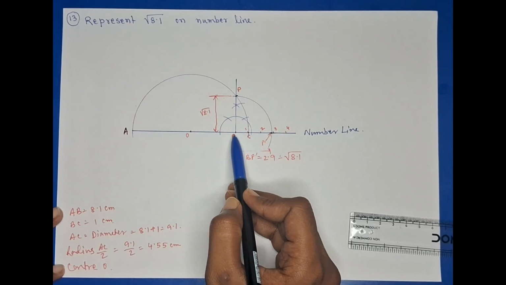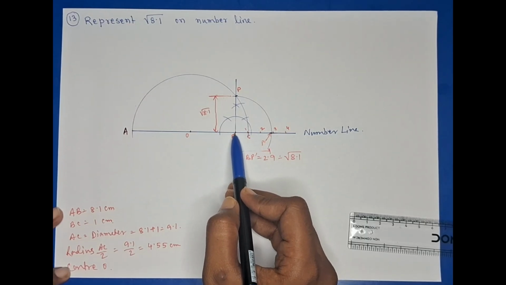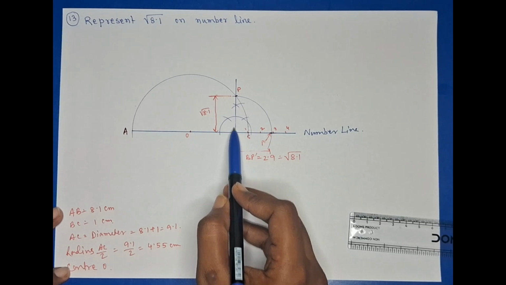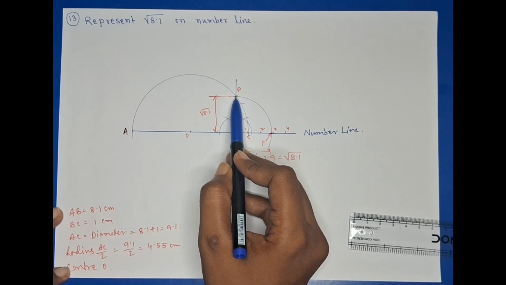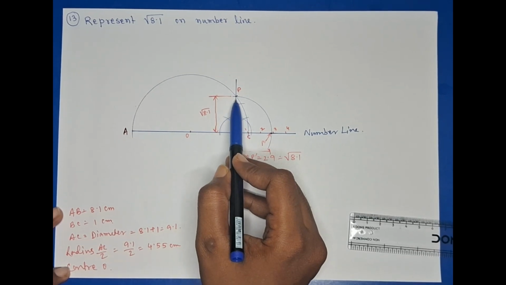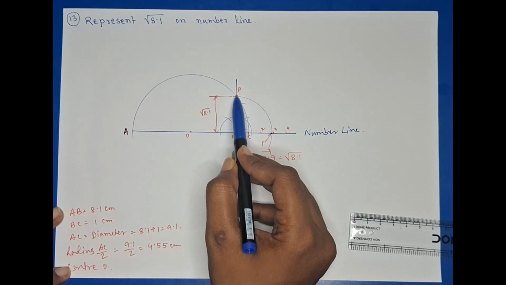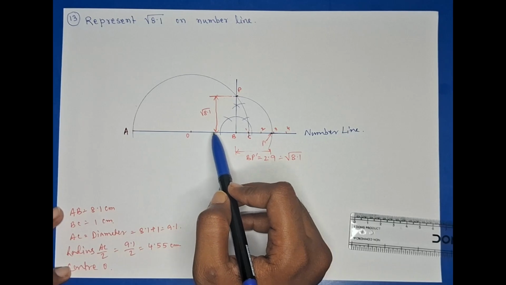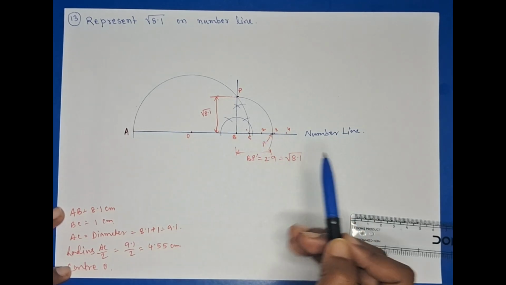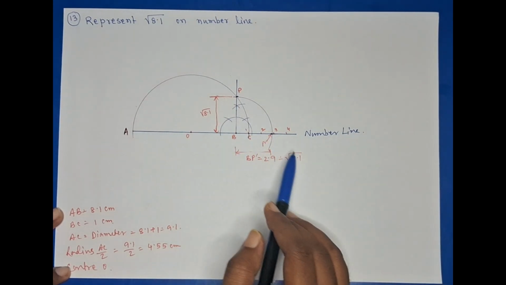Then from point B we have drawn a perpendicular, and we have seen where this perpendicular cut the semicircle. It has cut the semicircle at point, suppose at point P. So this BP length is nothing but square root of 8.1.